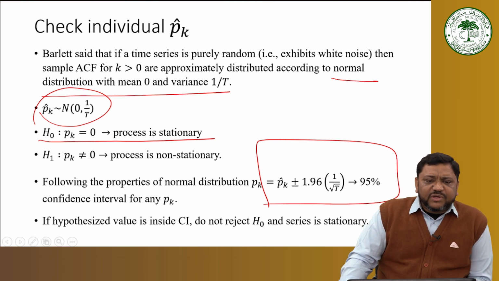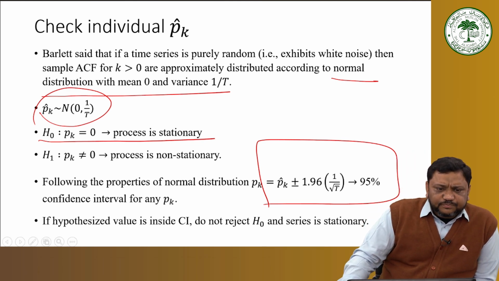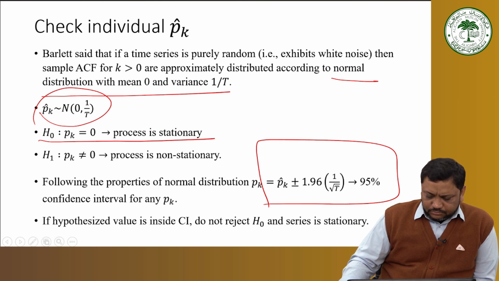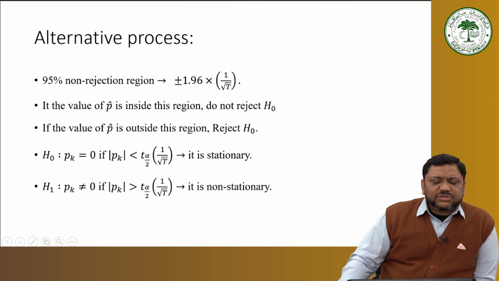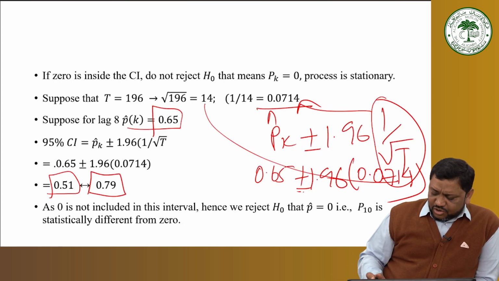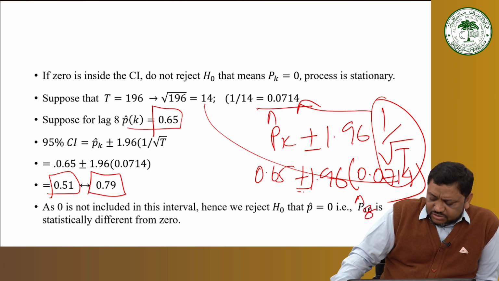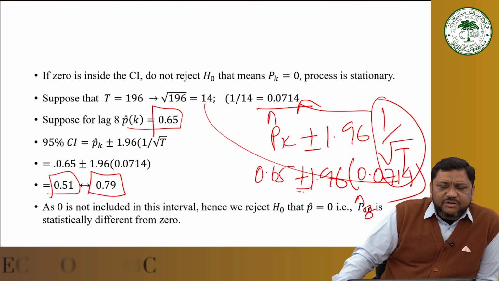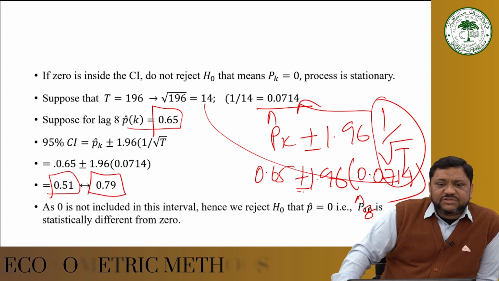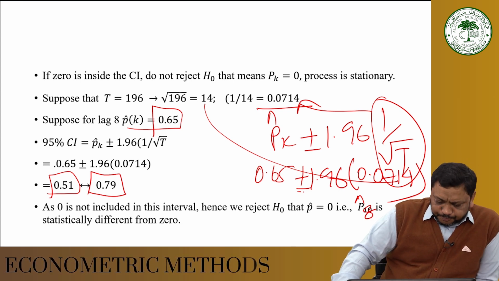So this is one of the methods to measure whether a process is stationary or not. So it means rho k at lag 8, that is the autocorrelation function at lag 8, is statistically different from 0.